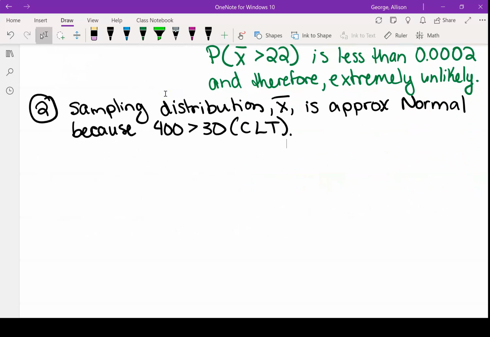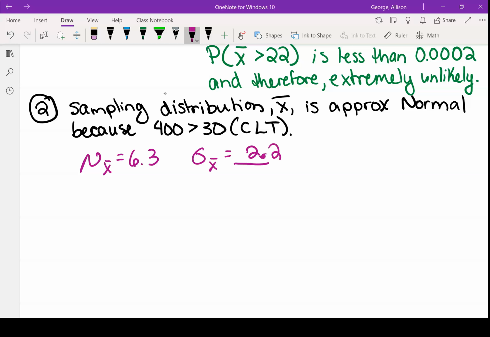All right, then we also need the mean to be able to do a description. So the mean of x bar is the same as the mean of the population, so that should be 6.3. And the standard deviation for x bar is the standard deviation of the population divided by the square root of the sample size.